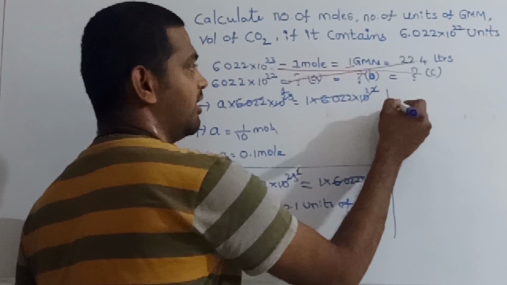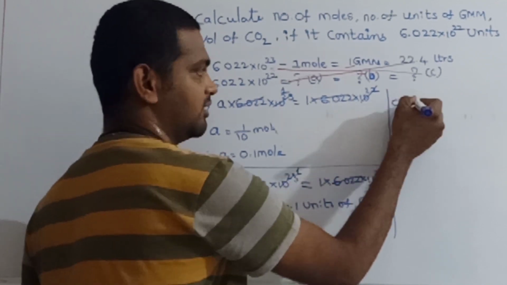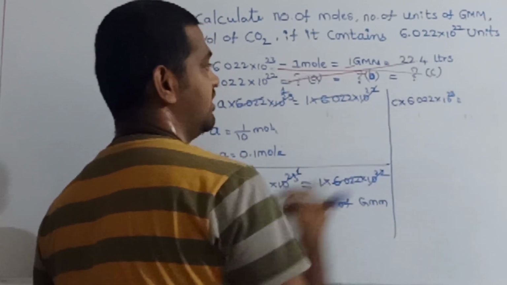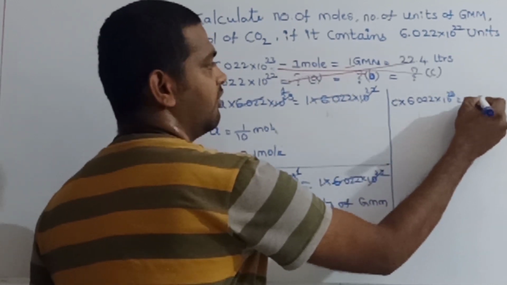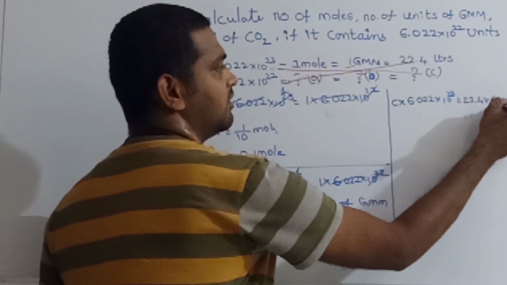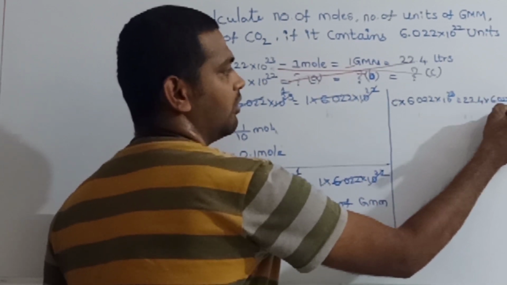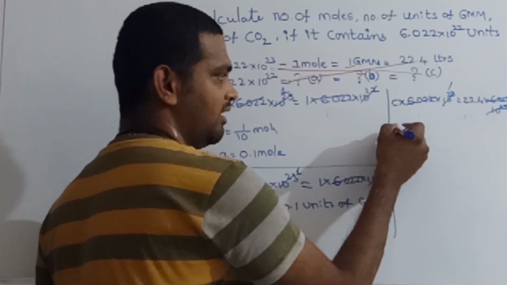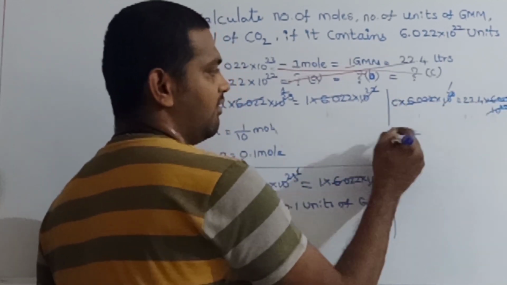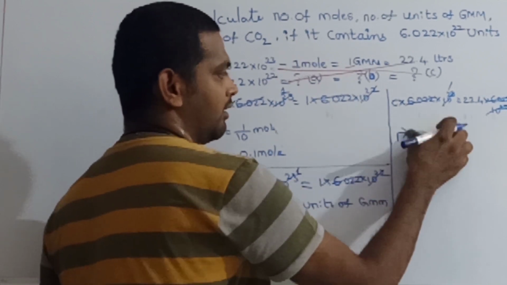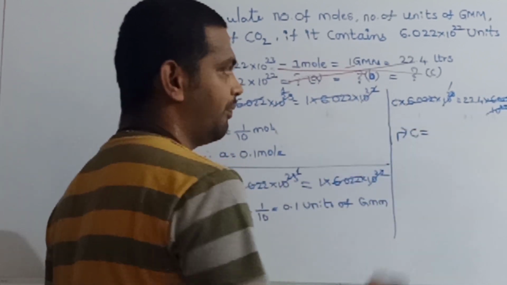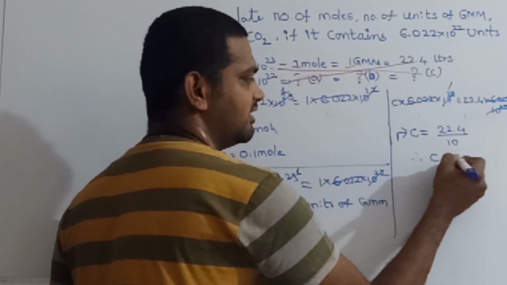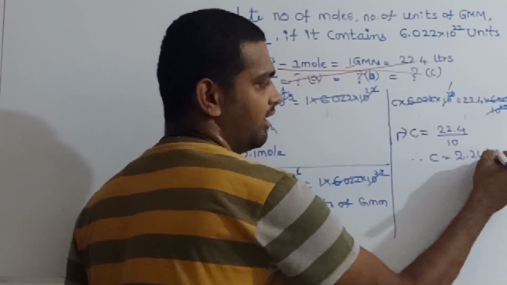Then the equation will become C into 6.022 into 10 to the power of 23 is equal to 22.4 into 6.022 into 10 to the power of 22. 6.022 and 6.022 will get cancelled, and 10 to the power of 22 over 10 to the power of 23 gives 1 by 10. Then you will get C is equal to 22.4 divided by 10. Therefore C is equal to 2.24 liters.